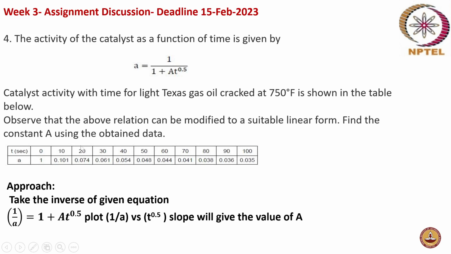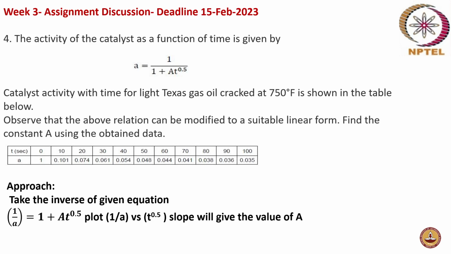Okay. So from the given data, what you have to do is find t power 0.5. You have to take the square root of the entire time data given, and also the inverse of all the activity data given. Once you plot this data, you will get a straight line with an intercept at 1 and a slope equal to the value of a.